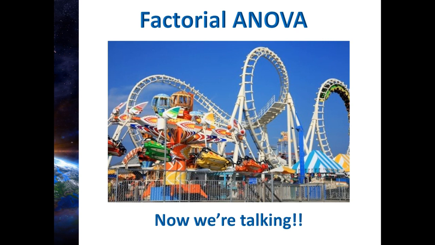So just as a reminder, you've been studying one-way ANOVAs or single factor ANOVAs, and these are statistical tests that are used when you just have one independent variable. And you want to know if that independent variable has any effect on your dependent variable.